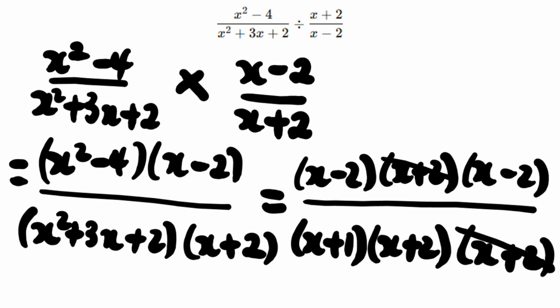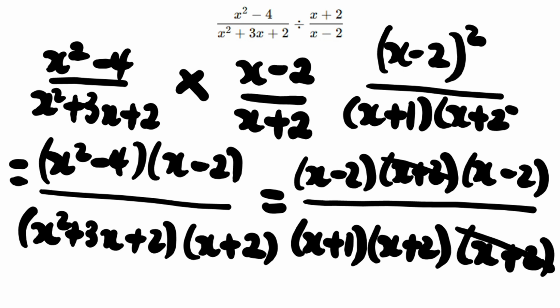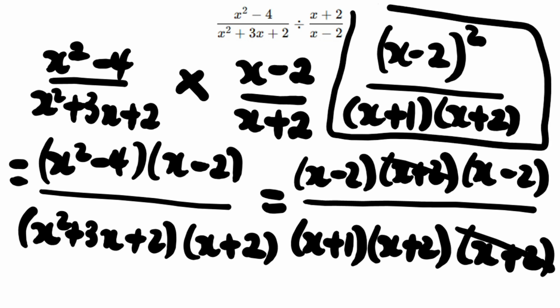So at the end of the day, our final answer becomes something like: x minus 2 times x minus 2, so I can put them together, x minus 2 squared all over the denominator x plus 1 multiplying x plus 2. So this is the final answer for this division.